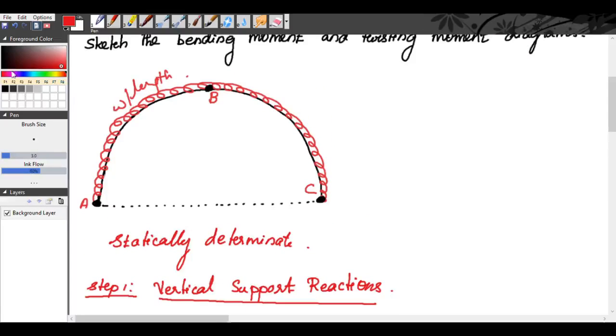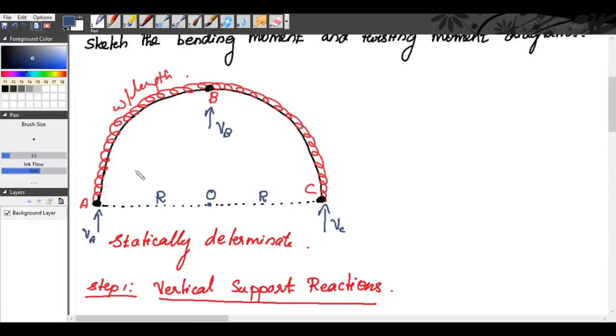We have 3 reactions: VA at A, VB at B, and VC at C. Now what is the total load on the beam ABC? It is W per unit length. If you take the center point as O, OA is the radius R, OC is the radius R, and OB is also of radius R.